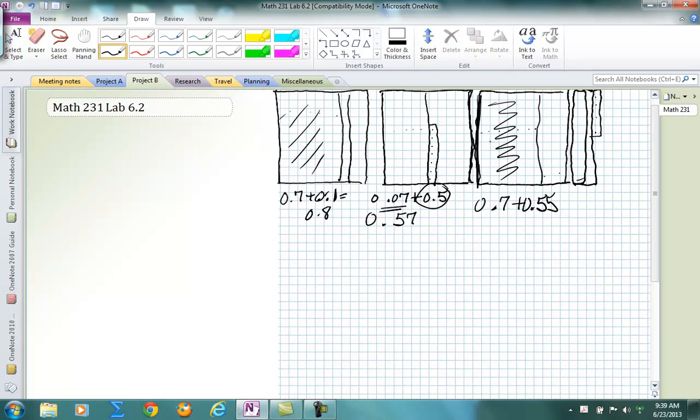And so now you count and you have one whole, and you have 2/10, and you have 5/100.